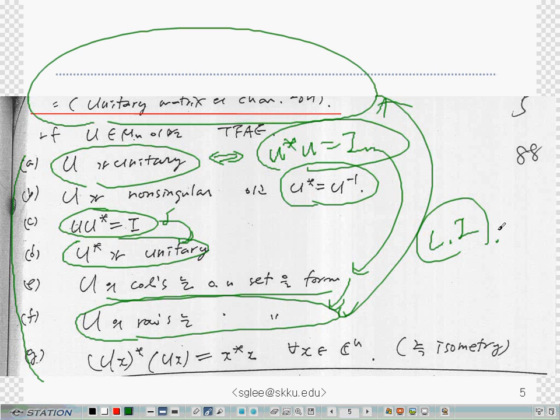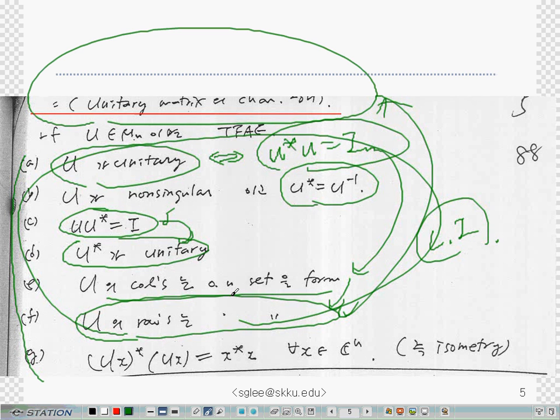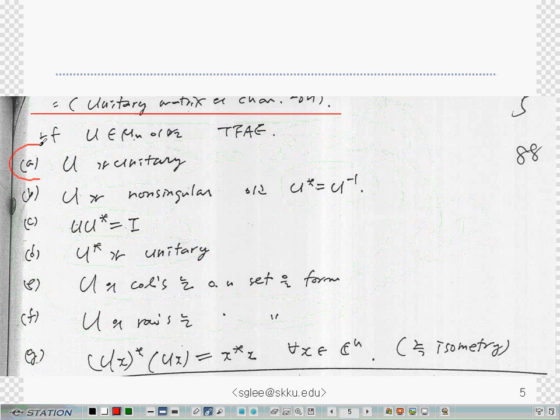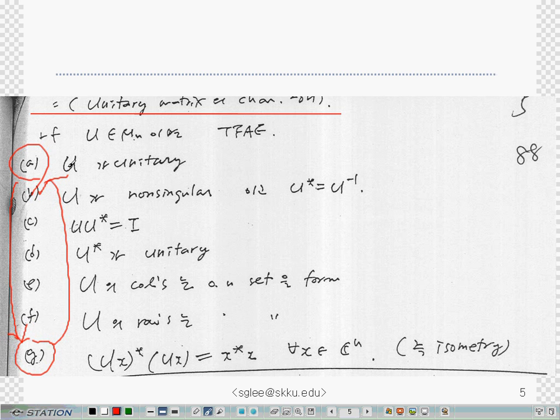This all comes from the definition directly. So all these parts are easy and clear, and you have seen them before. The only part that you have not seen is this. So if we can show A implies G and G implies A, then we have everything here.